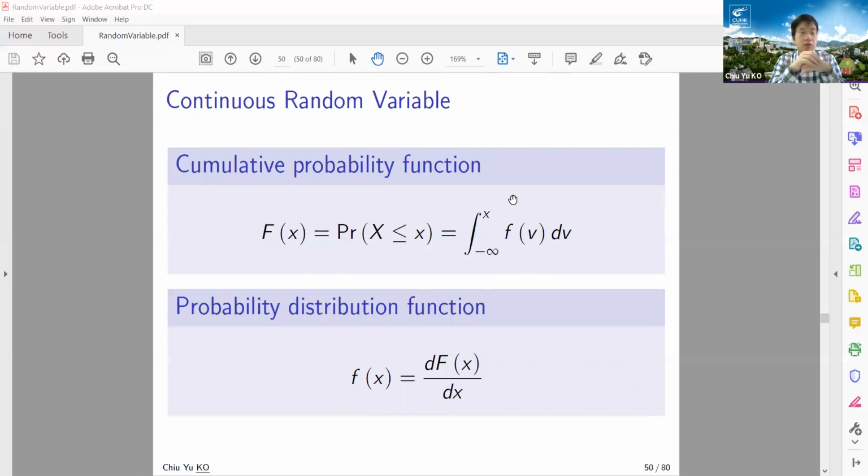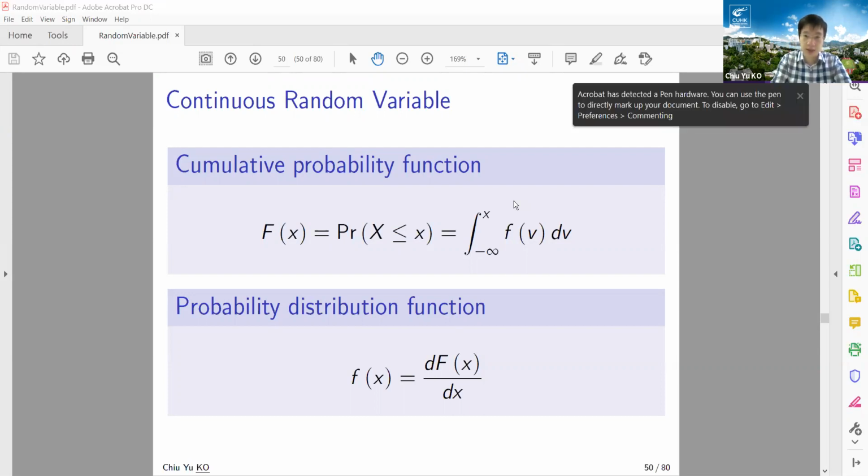So we have to have a way to describe a bunch of those together at the same time, right? So one natural way is to consider the cumulative one, which means that the random variable is less than a certain number, right? That is, here we have the probability X is less than x.